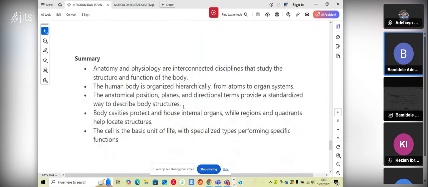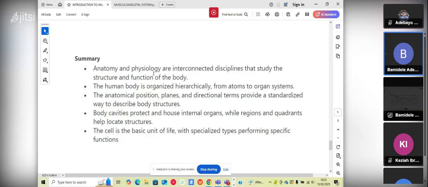In summary, in this introduction we've talked about the definition of anatomy and physiology. They are separate, but very much interrelated, because anatomy is the study of the physical structure of a body part, while physiology is the function.